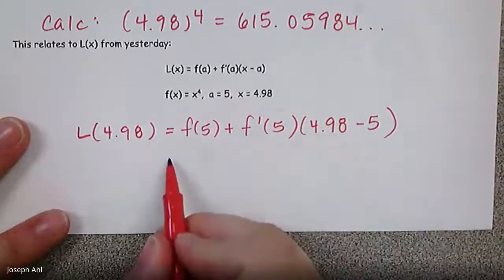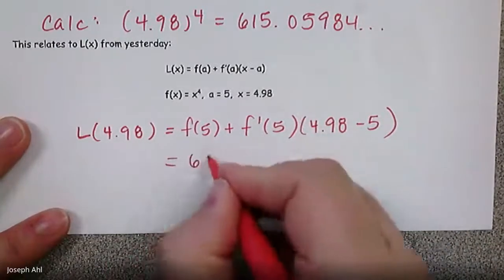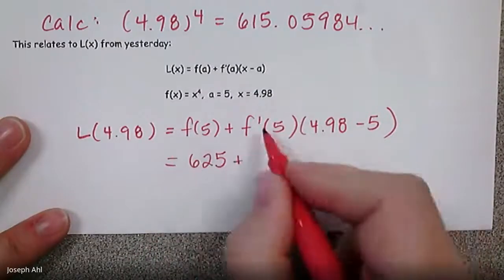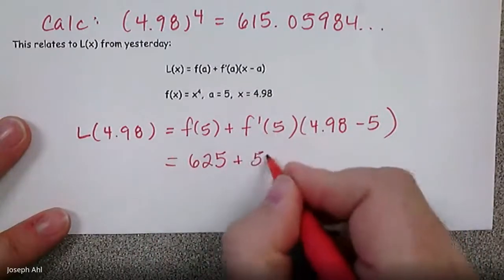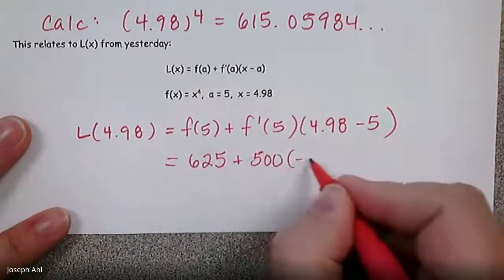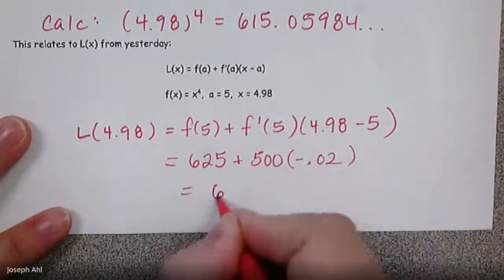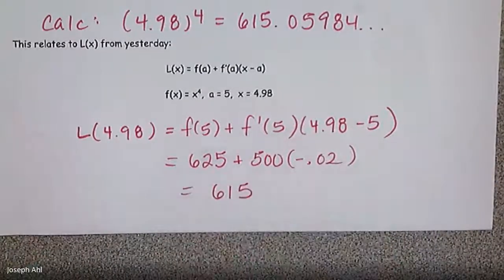And notice how it turns into the same exact thing we just did with differentials. This is f of 5, 625, plus the value of the derivative at 5, which was 500, and then this difference here is negative 0.02. So that confirms through linearization, we're going to wind up getting the same results.